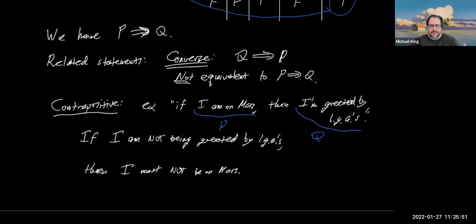Remember, if I am being greeted by little green aliens, that doesn't force it to mean I'm on Mars. They could have come to me on Earth. I could be on Saturn. But let's think about what this is. This statement right here is not Q, and this statement right here is not P.